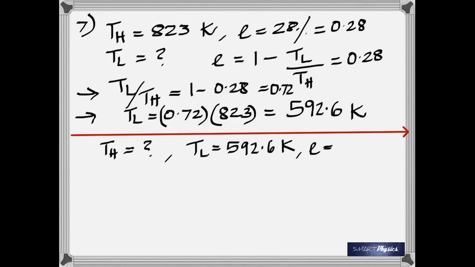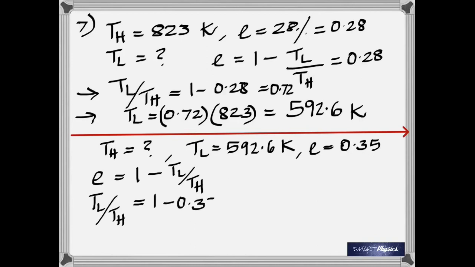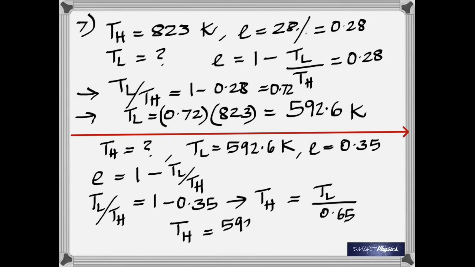So you can use that to find the new temperature of the hot source if you want to step up the efficiency to 0.35, which is 911.6 Kelvin.